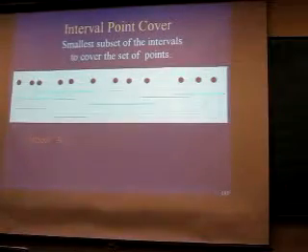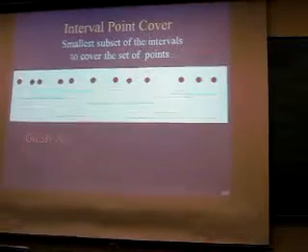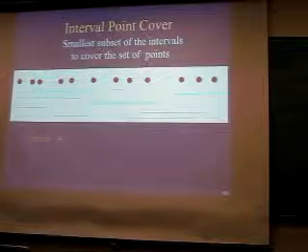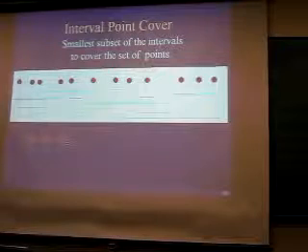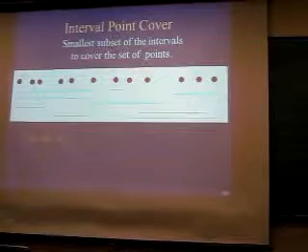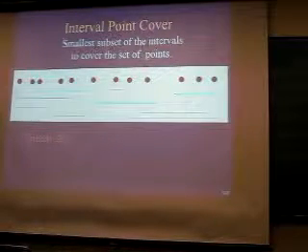there might be other optimal solutions, and there may be ones with smaller edges, right? But here, our only thing we care about is the number of intervals, right? So this has 4, and I'm claiming that there's no way to cover the points with only 3, right?